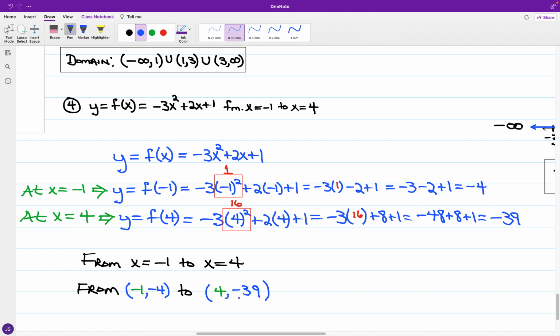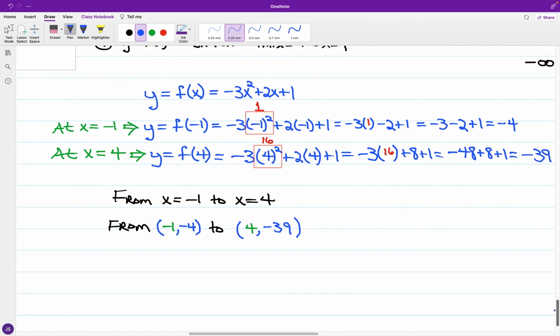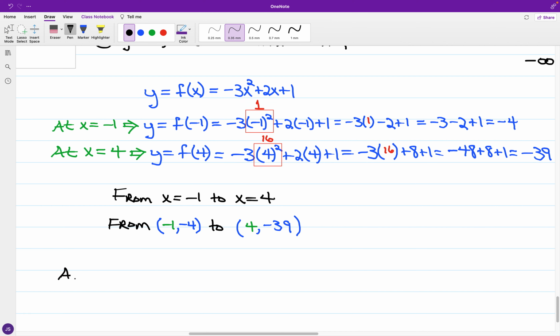And for the average rate of change, it's still going to be conceptually slope. We're looking at the straight line that connects those 2 points, and the straight line will be referred to as the secant.